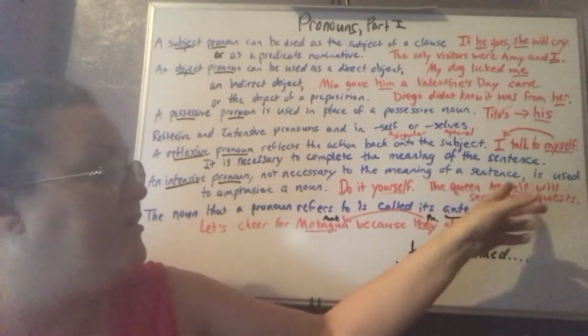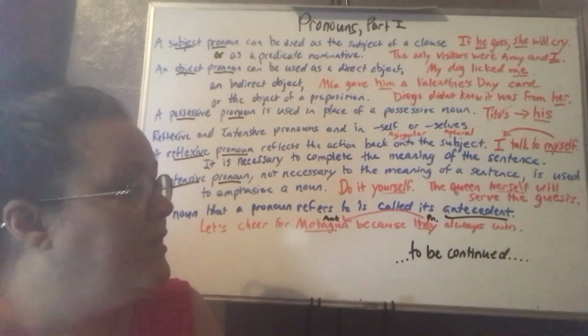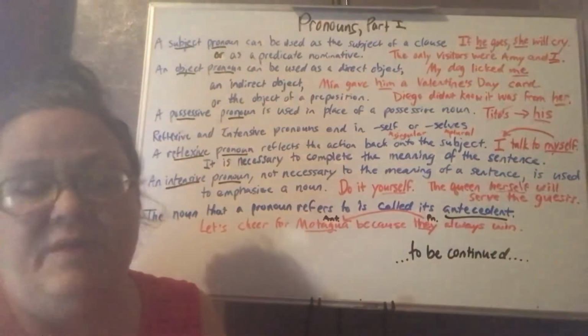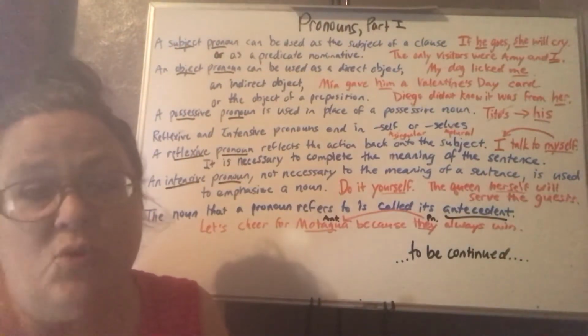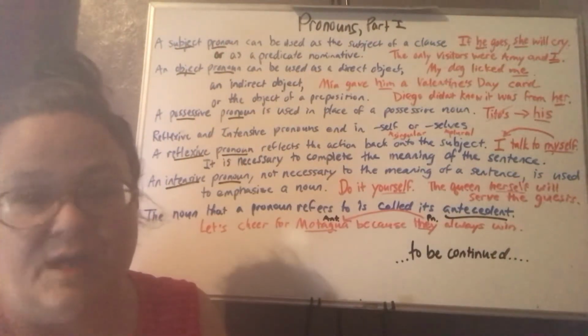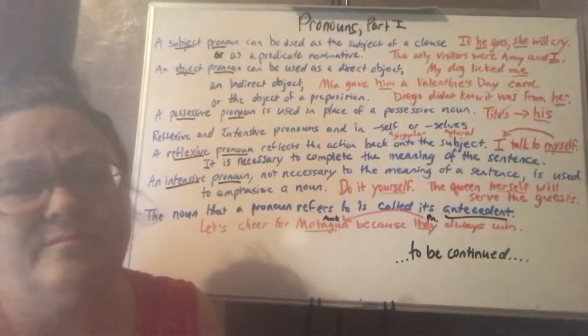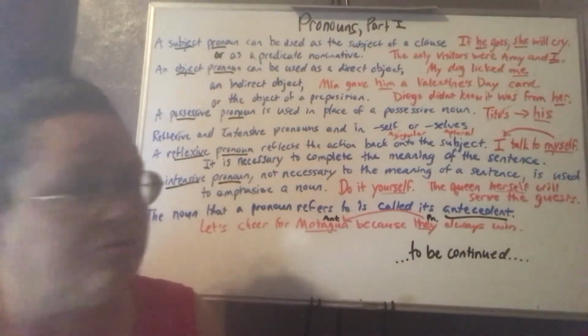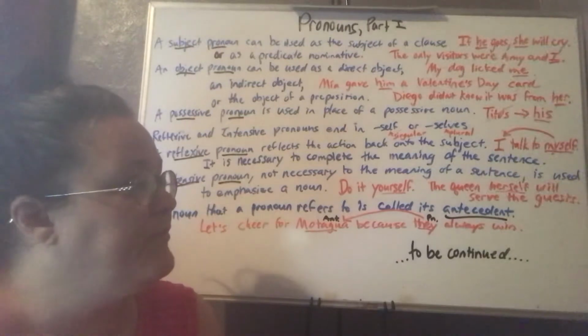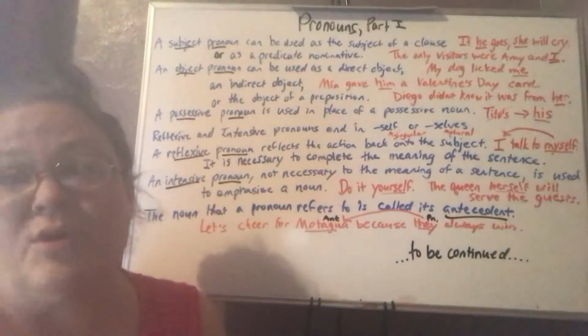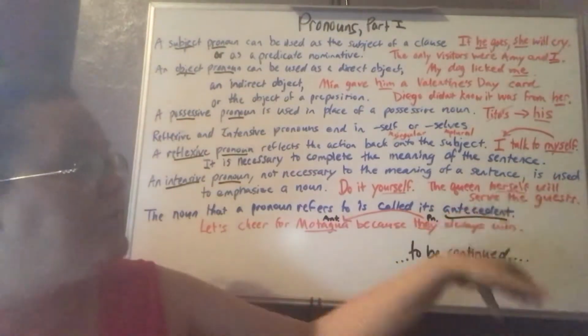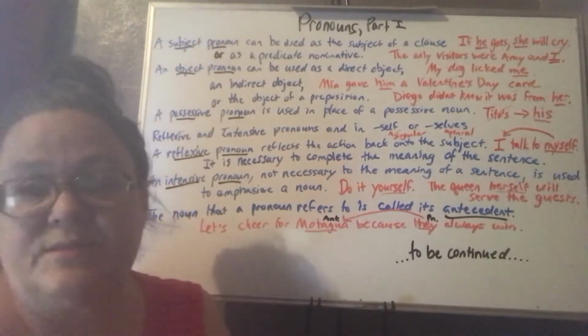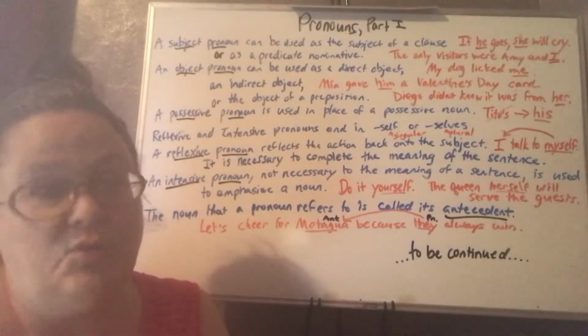The queen herself will serve the guests. In that one, I'm emphasizing the word queen because normally the queen does not serve her guests, at least in American and European culture. If I take the word herself out, the queen will serve the guests. The sentence means the same thing and it works.